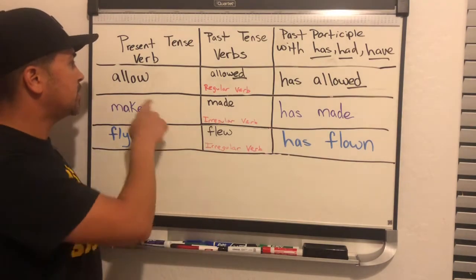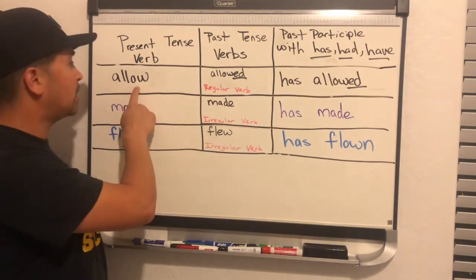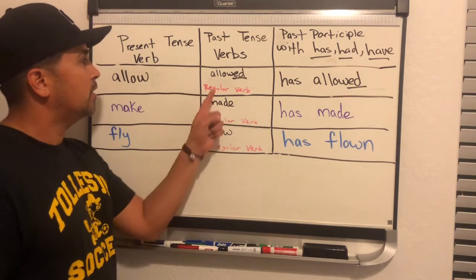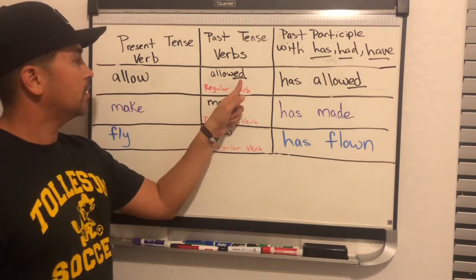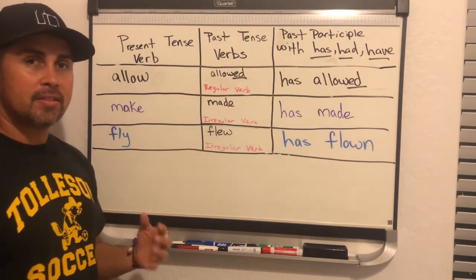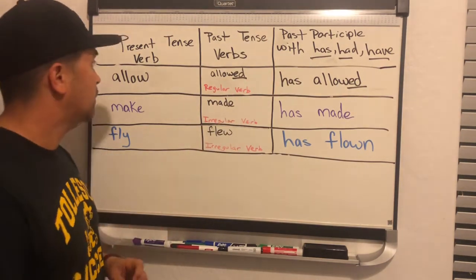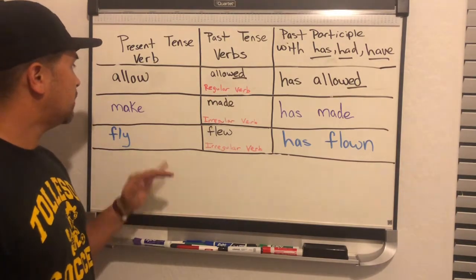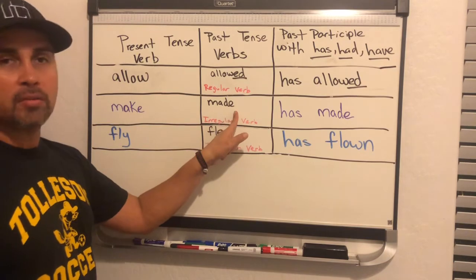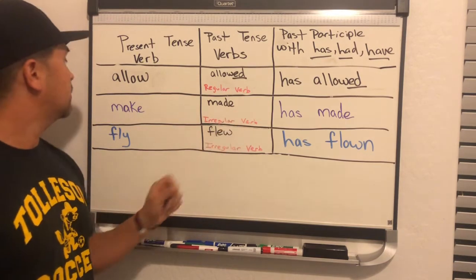And the first thing you can see here is the first verb, allow, is conjugated here in the second column with an ed. And as we know, if you have a verb that ends in ed, it's a regular verb. Okay, but how do we know if it's irregular? Well, it simply doesn't have ed at the end of it when you conjugate it into the past tense.